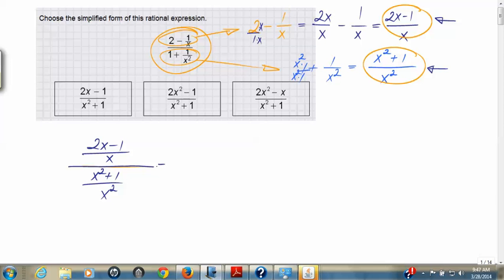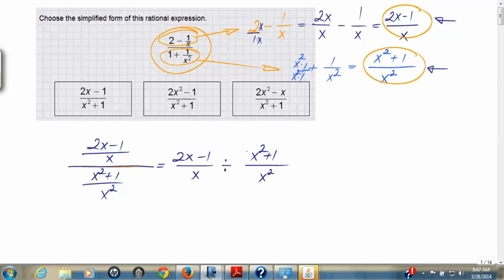But you should remember that a fraction line is nothing else but a simple operation of division, which means I have to divide my top fraction, 2x minus 1 over x, by the bottom one, my denominator, which is x squared plus 1 over x squared.